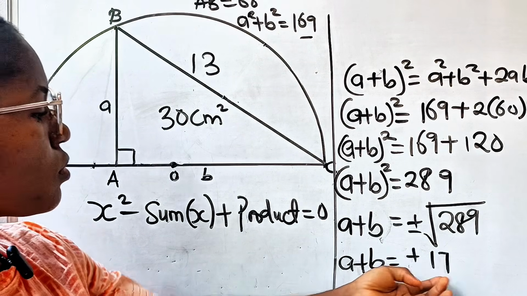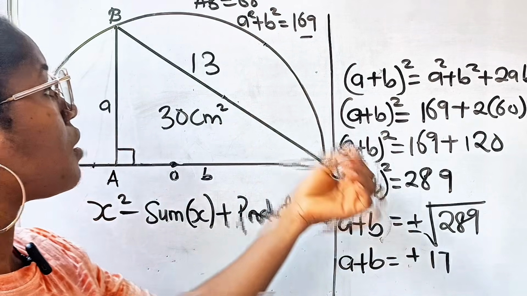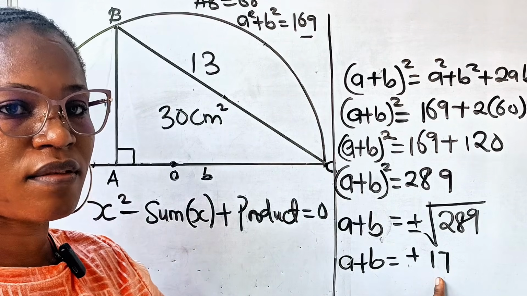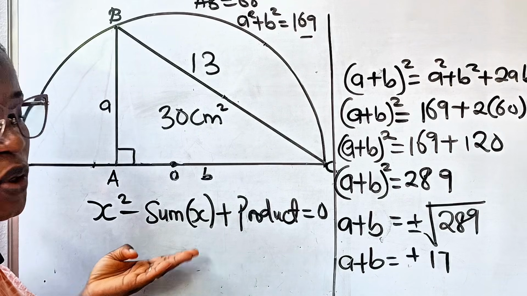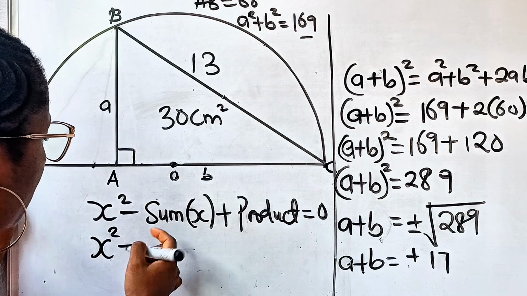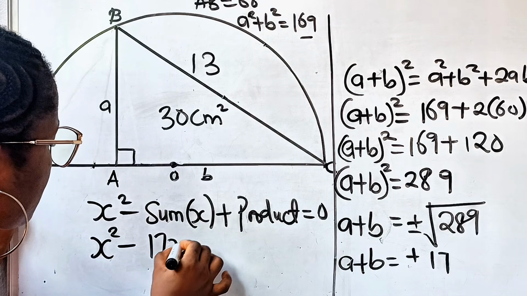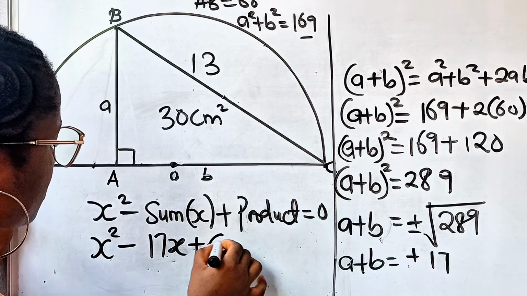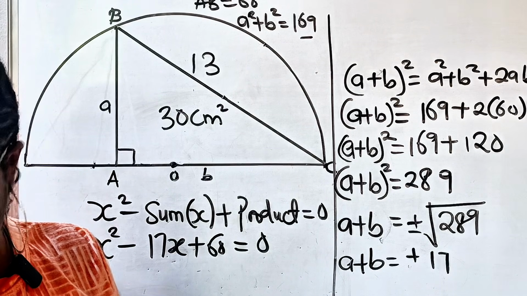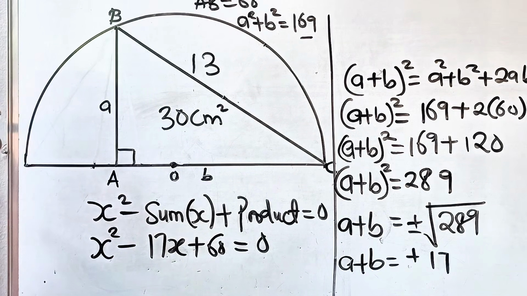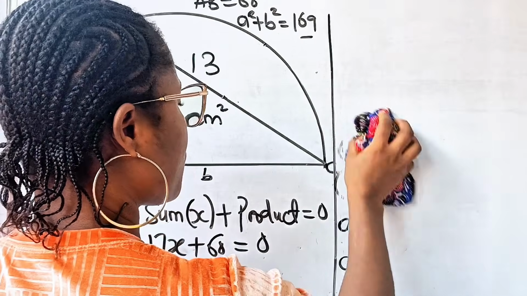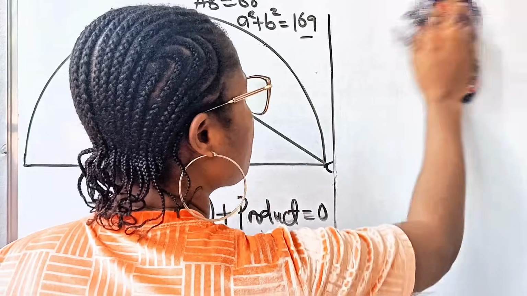Now we have the sum to be 17 and the product to be 60. ab is 60 and a plus b is 17. So we can form a quadratic equation with these two things. So we'll write x squared minus the sum, which is 17x, plus the product, which is 60, is equal to 0. So at this point, we now have a quadratic equation to solve. And some of you will be like, what are we now doing with them? We are going to see what we're going to do with them. All right?